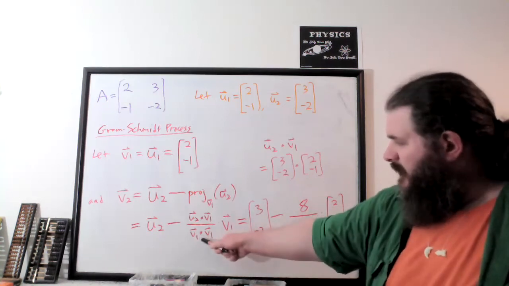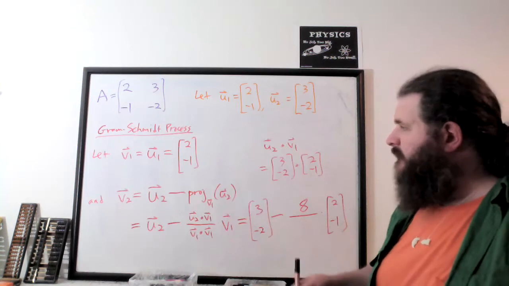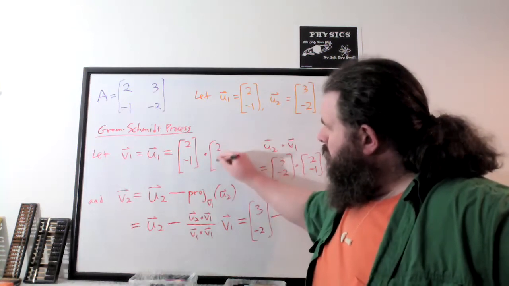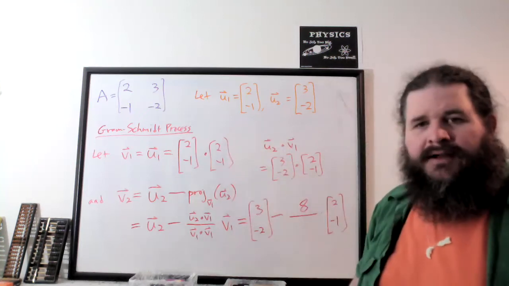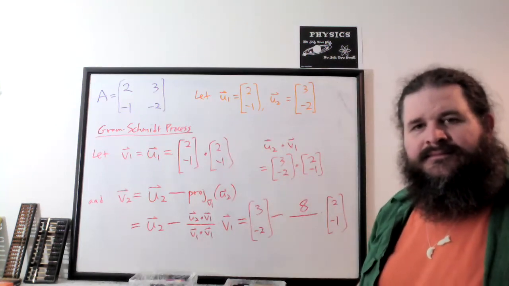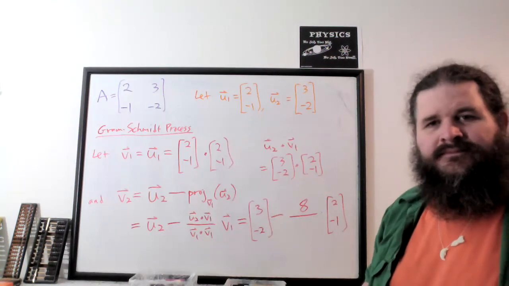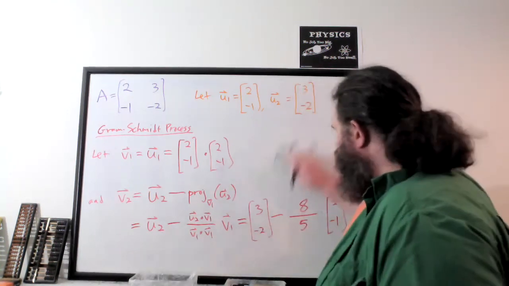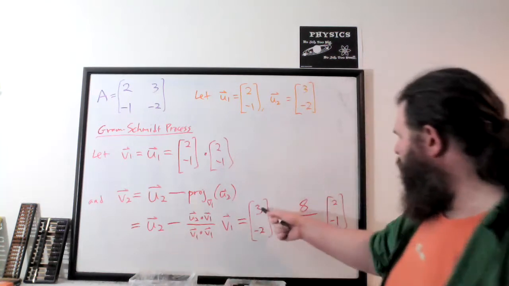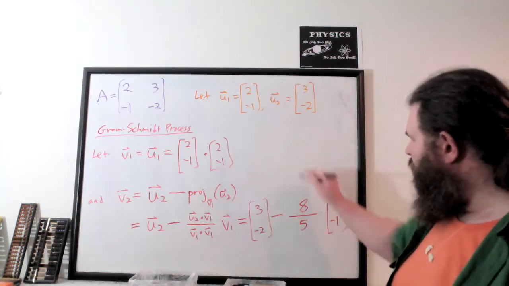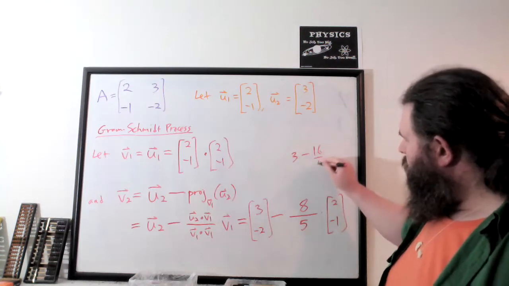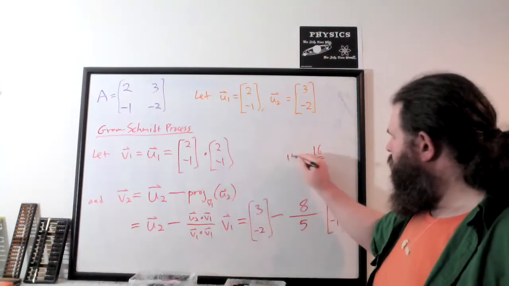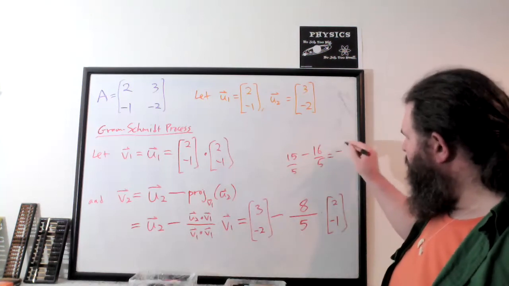Divided by the denominator, V1 dot itself, that'll just be 5. So if we subtract these, we've got 3 minus 16/5. 3 is the same as 15/5. So that'll be -1/5.